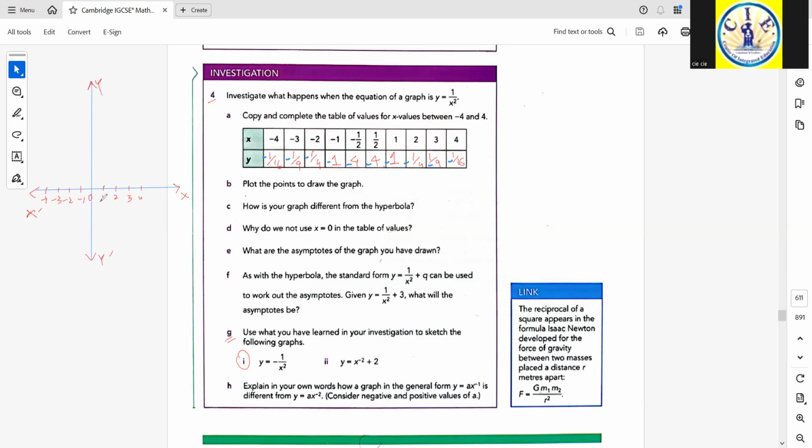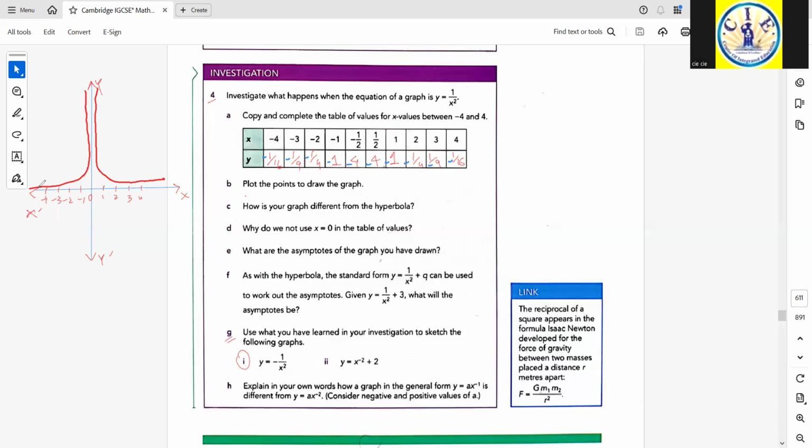Okay, for y now, since in part A we drew the graph as it was like this. So for a negative sign, the only change is that it is going to be below the x-axis.